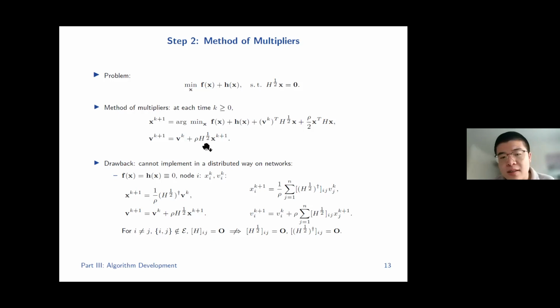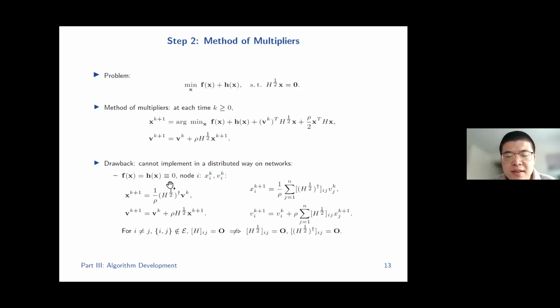To see this, we suppose that the function f and the function h are separable, and that each node i maintains the variables xi^k and vi^k, which are the i-th blocks of the variables x^k and v^k in the method of multipliers.